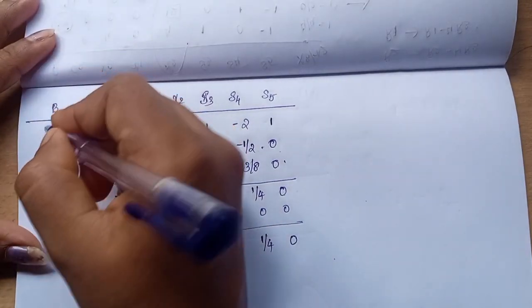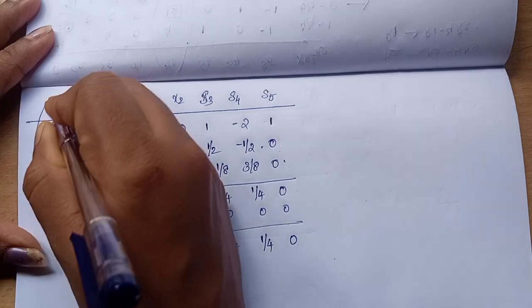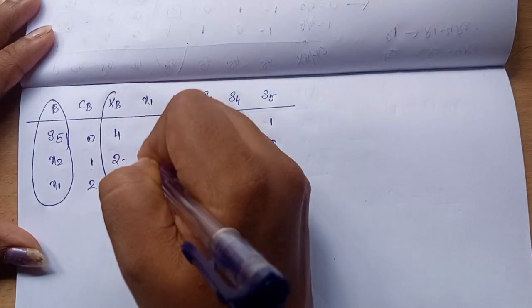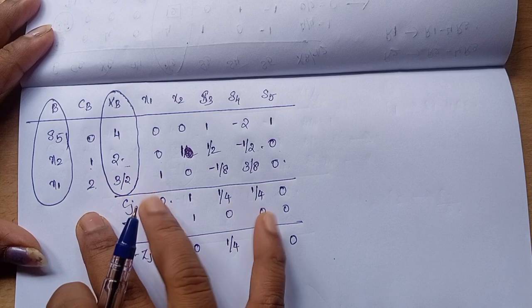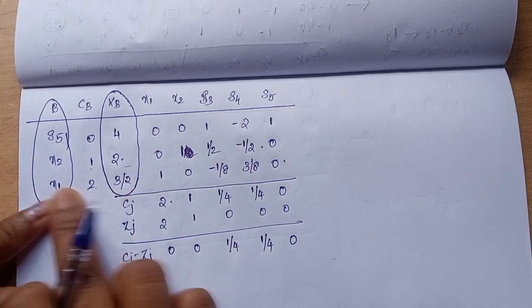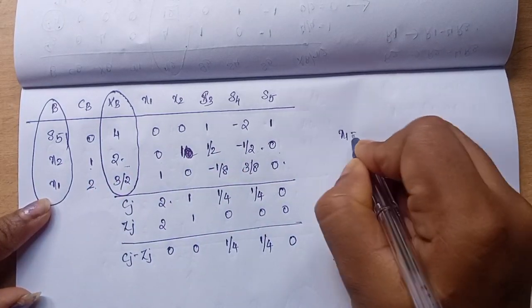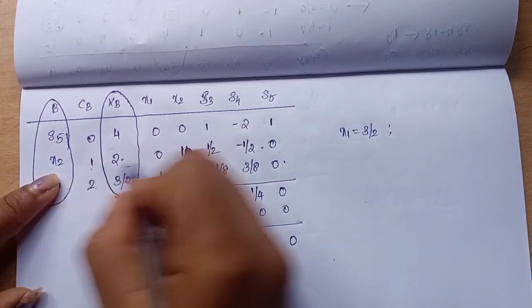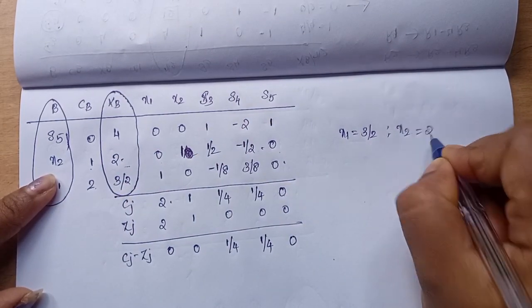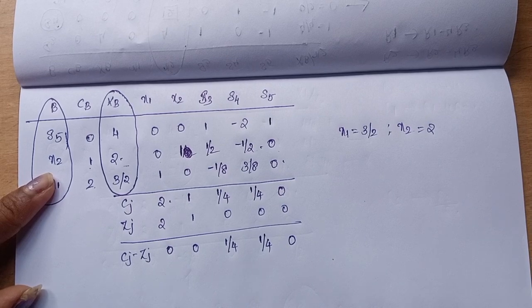Now we are going to consider the column B and the column XB, and we are going to equate the values. So from here we get x1 equal to 3 by 2 and x2 equal to 2. And what is the objective function?